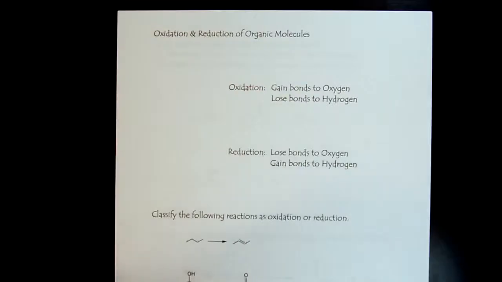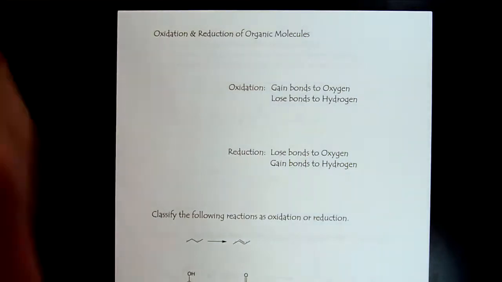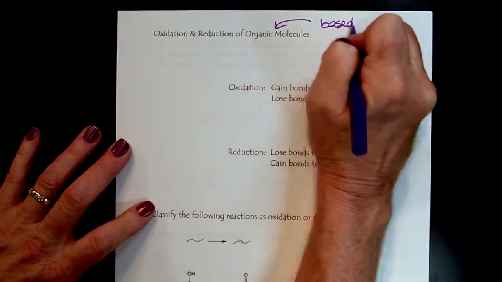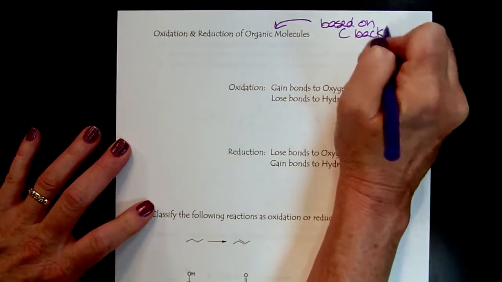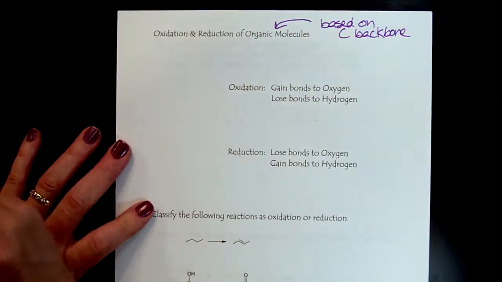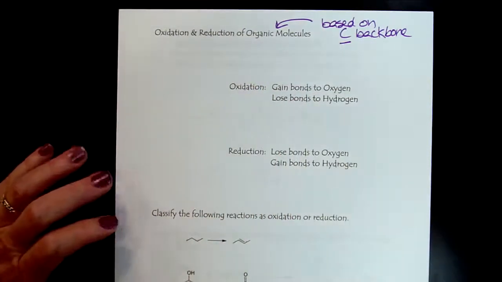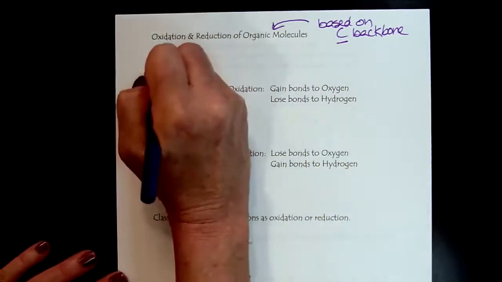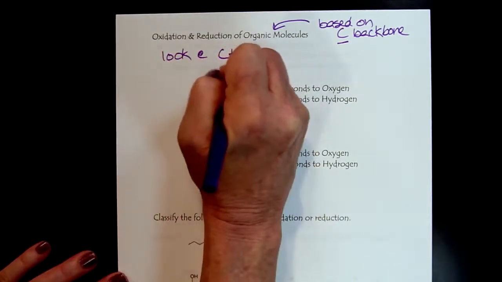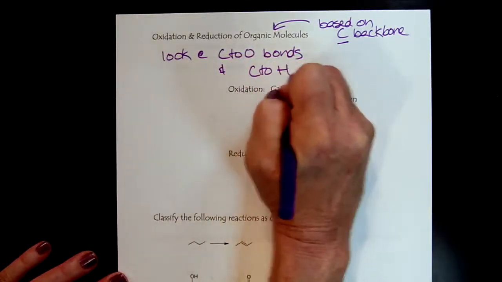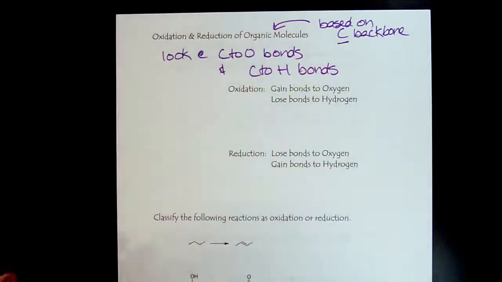So now we're going to expand our understanding of redox to organic compounds, right? And organic molecules are based on carbon, that carbon backbone. So we're going to use a different set of rules to recognize oxidation and reduction. And since organic compounds are all about carbon, carbon will be our focus. We're going to look at the carbon to oxygen bonds and the carbon to hydrogen bonds to identify when oxidation and reduction are occurring.